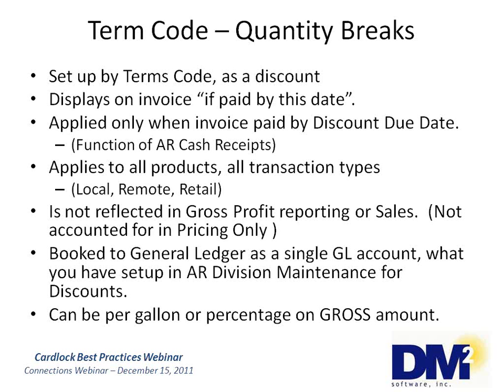This discount is booked to the general ledger as a single GL account. And it's what you have set up in your AR division maintenance for discounts. So comparing the two, when I'm pricing with price level, any discounts, I put that in quotation marks, any discounts for quantities that you give are reflected in that product's sales.